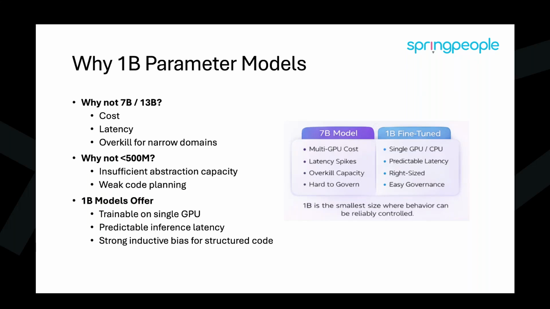The 1B gives you that sweet spot, not too small, not too big, and it fits across devices. So that is one large intent of a lot of organizations. If I could pack everything within one model, everybody would be happy. That's pretty much the ask for a lot of organizations, but it may not always be possible.